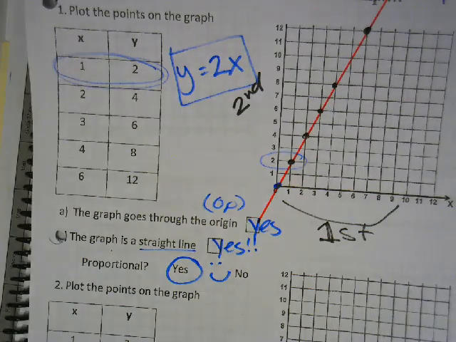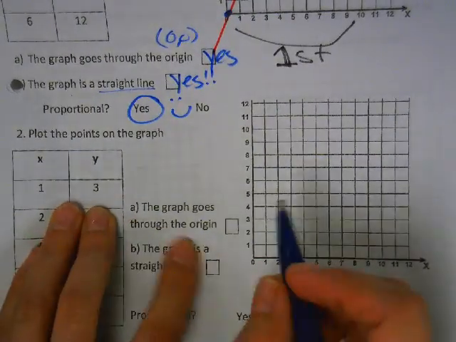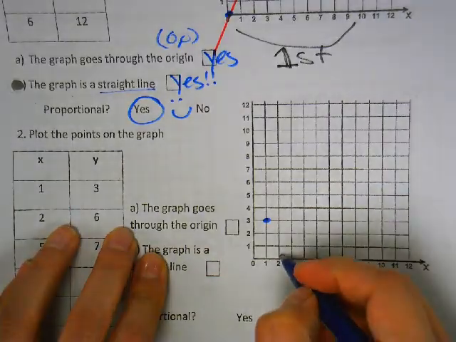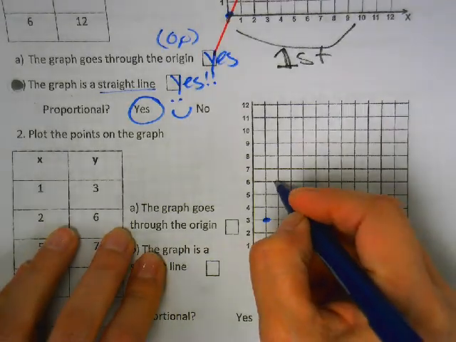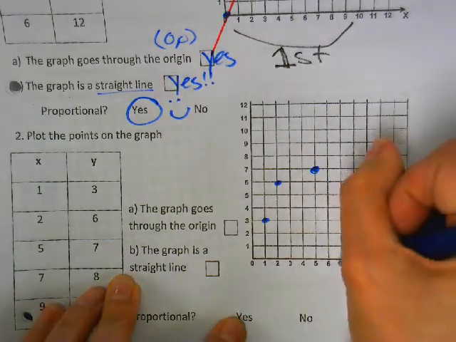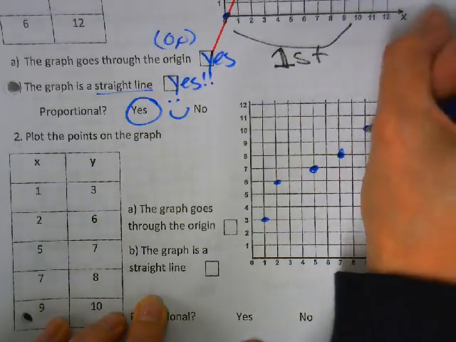All right, let's graph number 2. That one's different. Graph it. 1, 3. 2, 6. Where's 3 at?